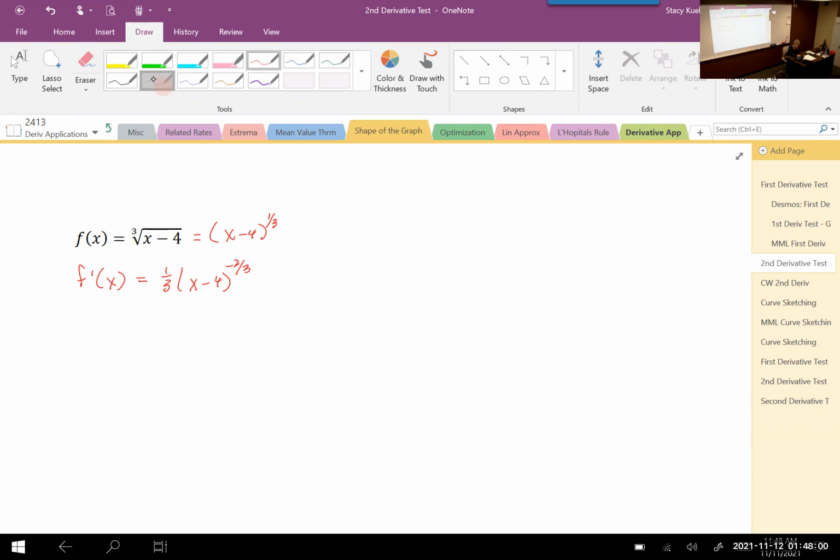And the second derivative would be negative 2/3 (x minus 4) to the negative 5/3. And we're multiplying times the 1/3 at the front, right? I just pulled my 1/3 down.